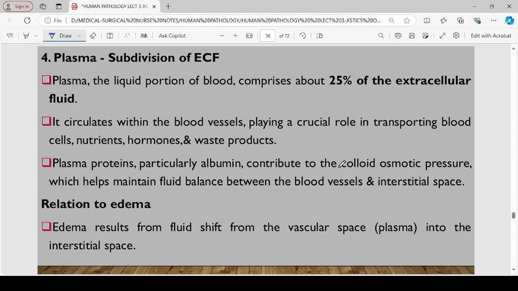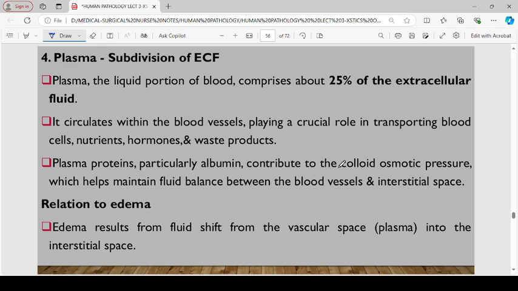What about the plasma? Of course, plasma is also a subdivision of extracellular fluid, and it's the liquid portion of blood which comprises about 25% of extracellular fluid. Remember, the 75% is for the interstitial. Plasma circulates within the blood vessels, playing a crucial role in transporting blood cells, nutrients, hormones, and waste products.